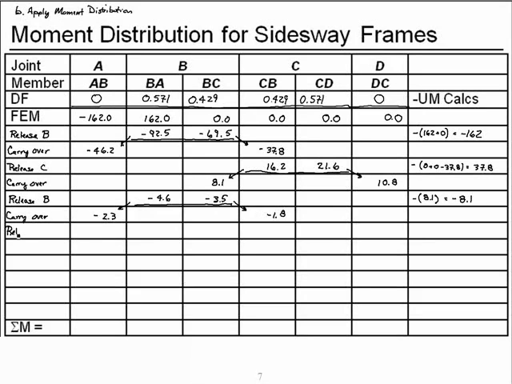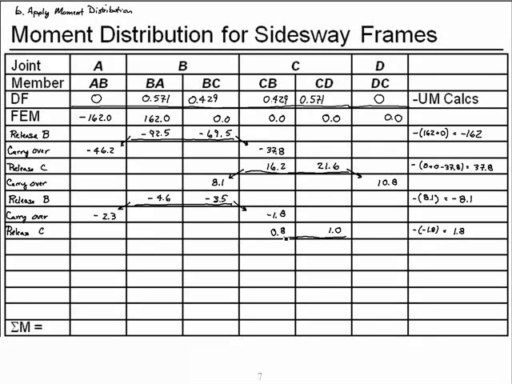We now release node C. It has an unbalanced moment of a negative 1.8 foot kips, which means we need to distribute a positive 1.8 foot kips. I take the 1.8 times the distribution factor, and I distribute a positive 0.8 foot kips. I take the moment 1.8 foot kips times the distribution factor, and I have a 1.0 foot kips.